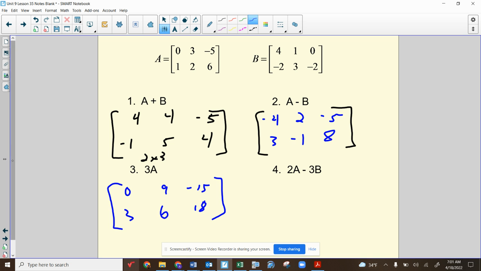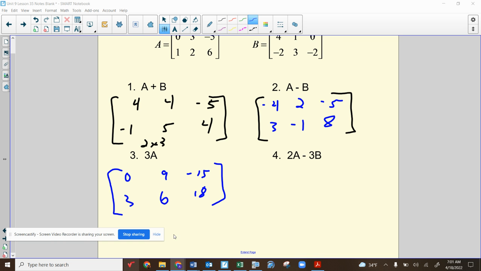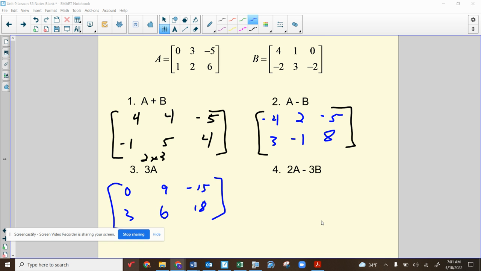And then to combine those ideas together, now, if you can do this in your head, that's great. Otherwise, you would have to write what 2a is. So I'm going to multiply each one of those numbers by 2. And then what each one of the numbers times 3 is for b.